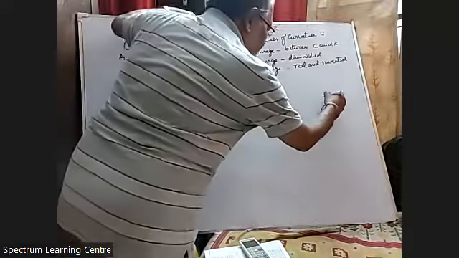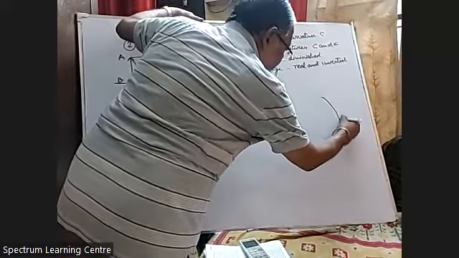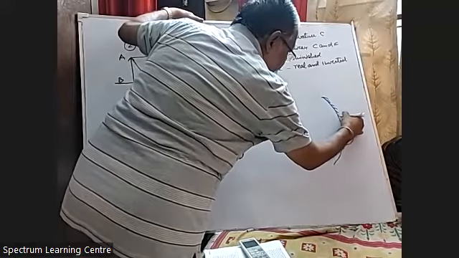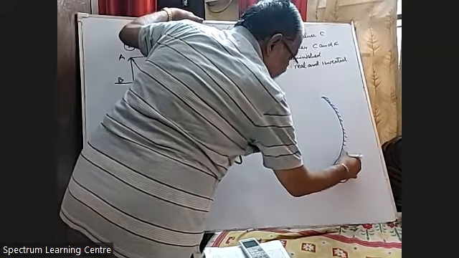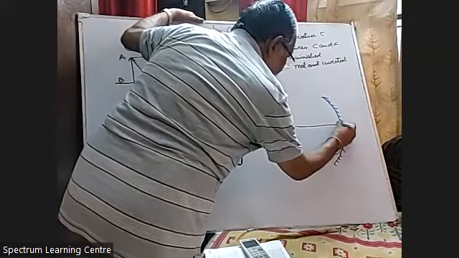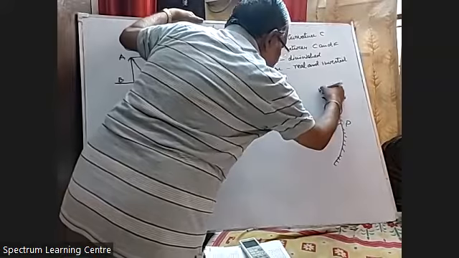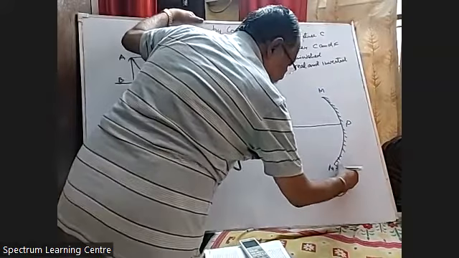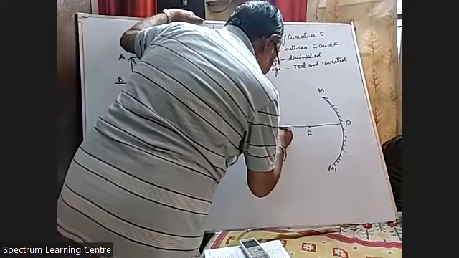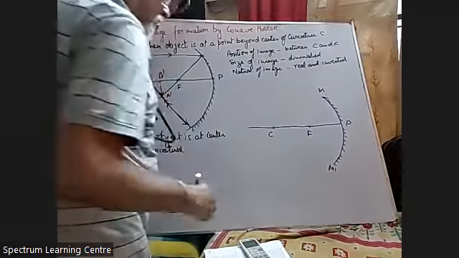So let me draw first of all a concave mirror. This point is P, M dash. This point is F. This point is C. Clear?